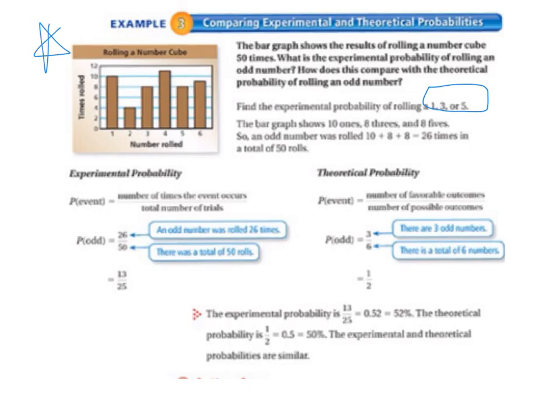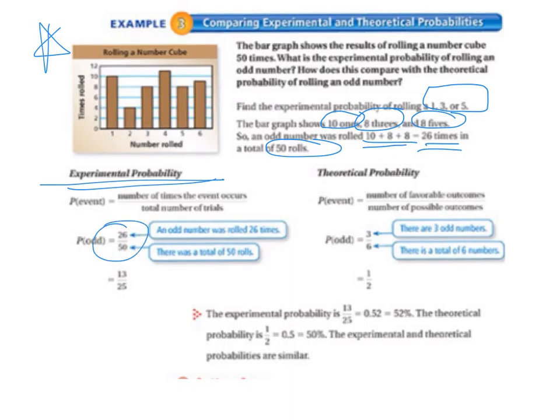So the bar graph shows 10 ones, 8 threes, and 8 fives. So an odd number was rolled 10 plus 8 plus 8, which is 26 times in a total of 50 rolls. So the experimental probability of that event was 26 over 50.